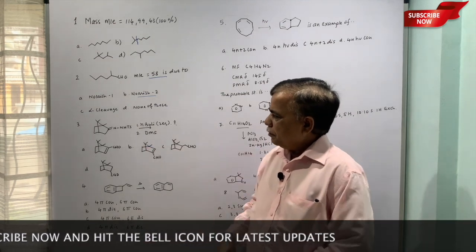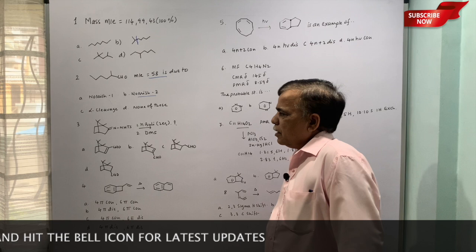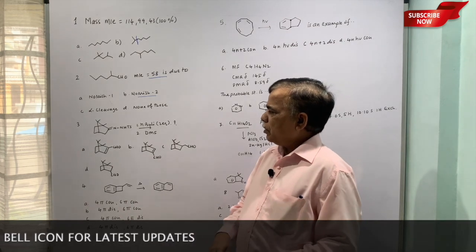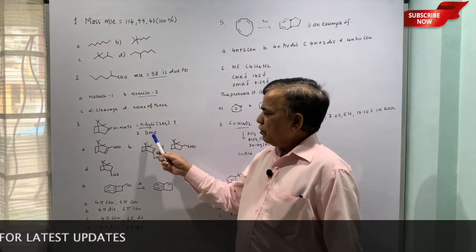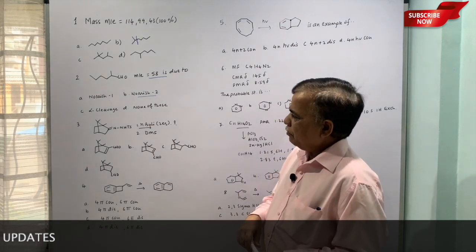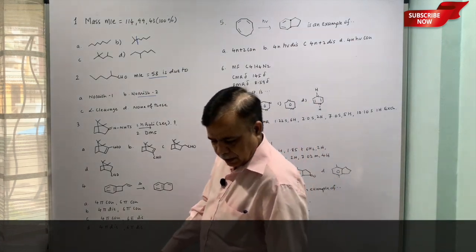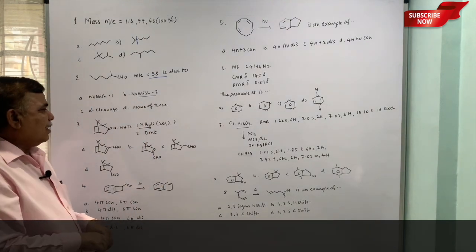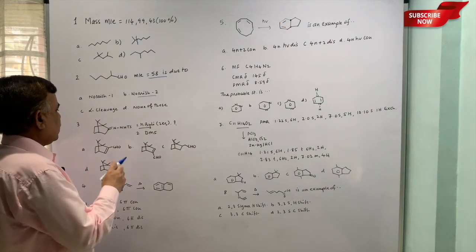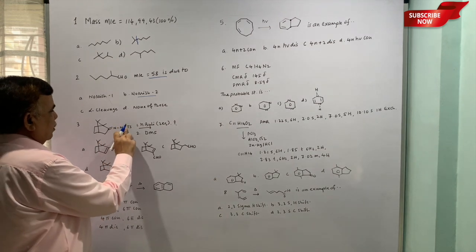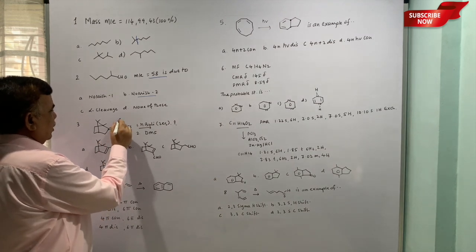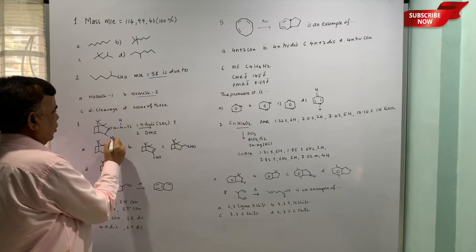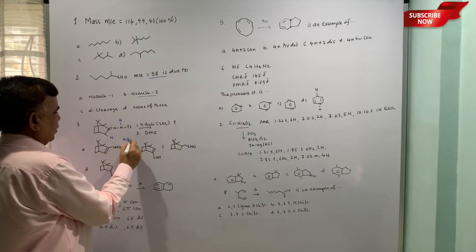Third example is this tosyl hydrazine is treated with 2 equivalents of butyl lithium followed by dimethyl formamide. Now in this case a slight mechanism based question is there. This proton is abstracted by n-butyl lithium.